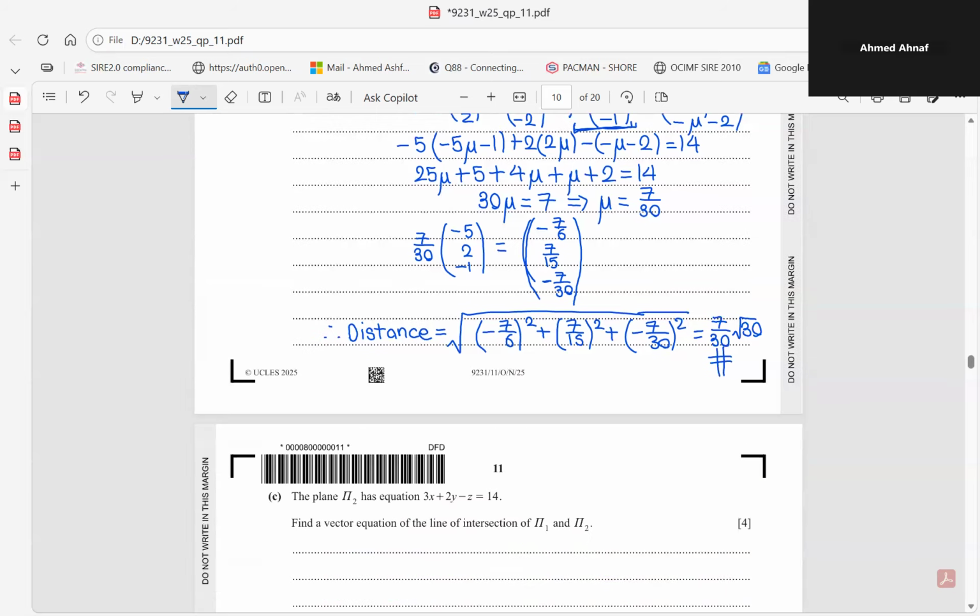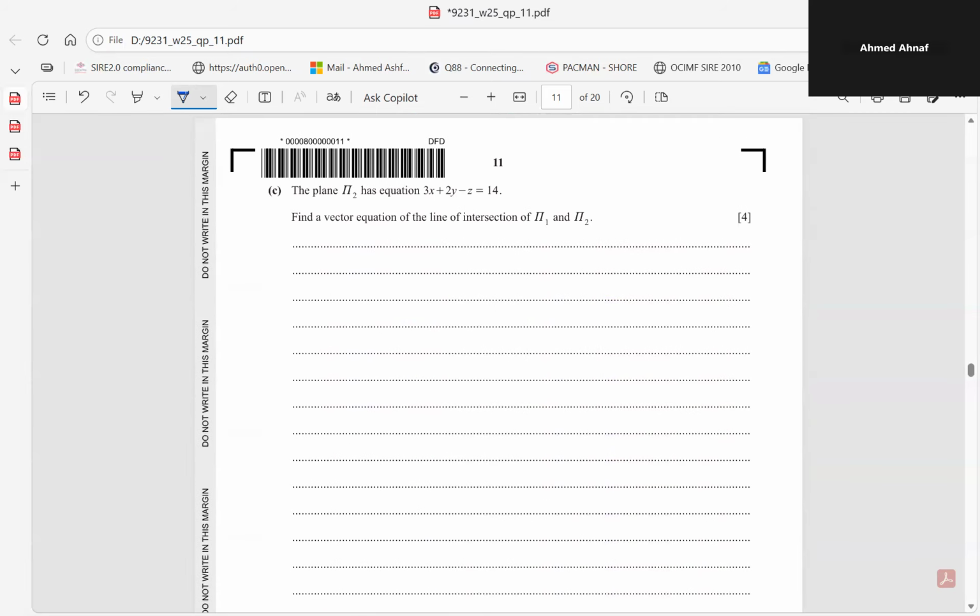Let's move on to the final part. Okay, so for the last part, we're told that the plane pi 2 has this Cartesian equation, and we need to find the vector equation of the line of intersection of pi 1 and pi 2.